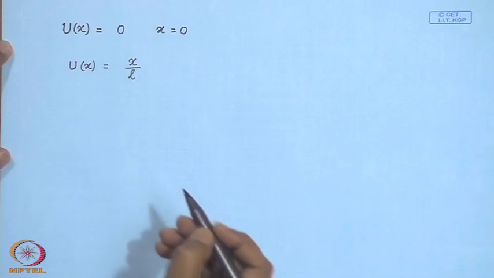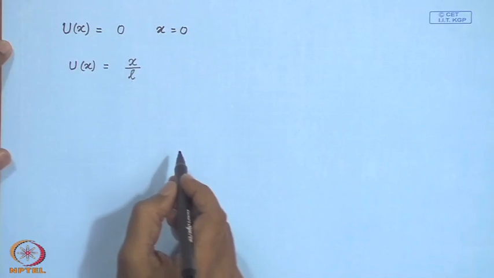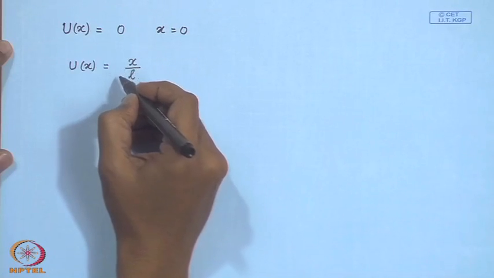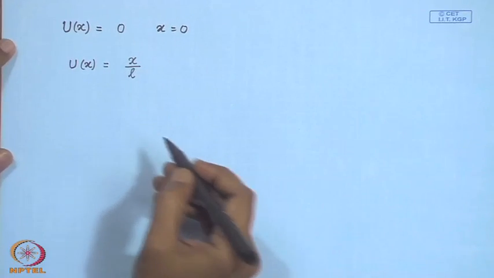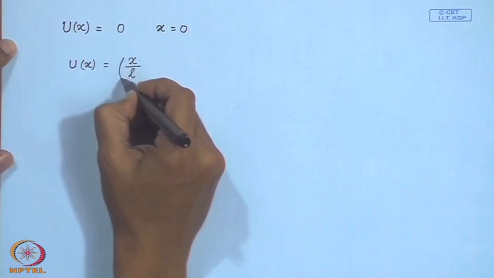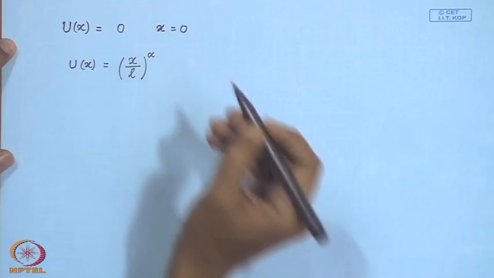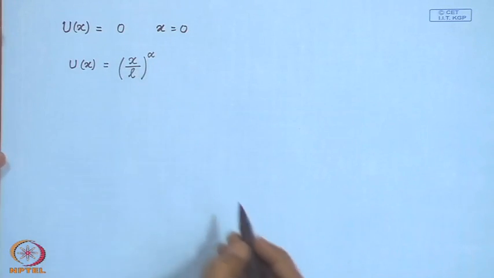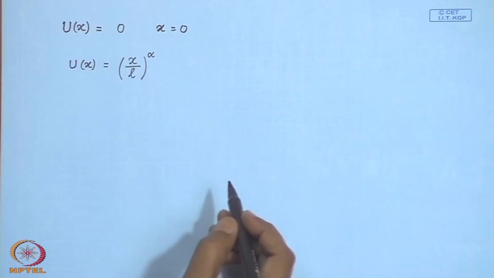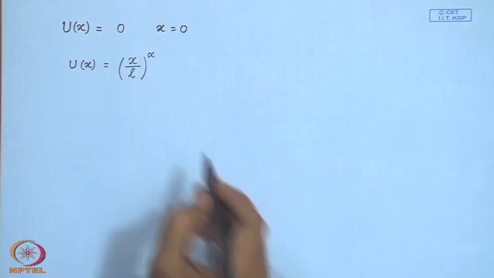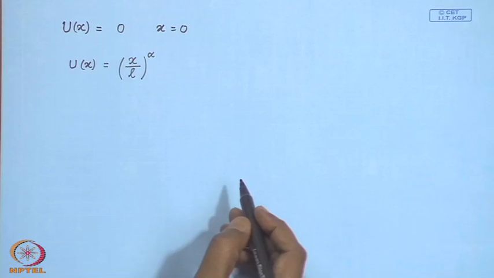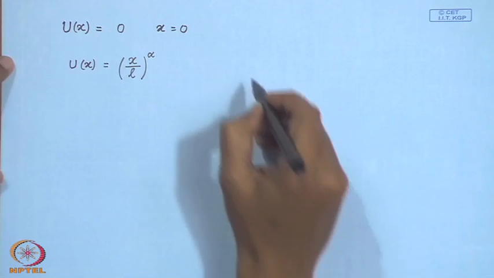we may write it like this, x over L, but we can have a class of these functions by raising it to a power alpha.